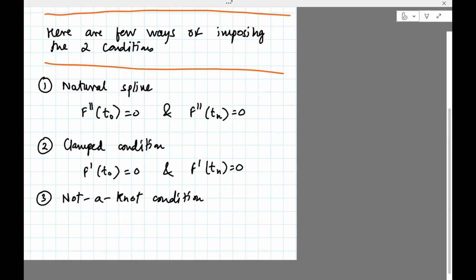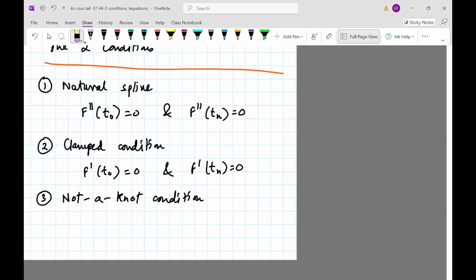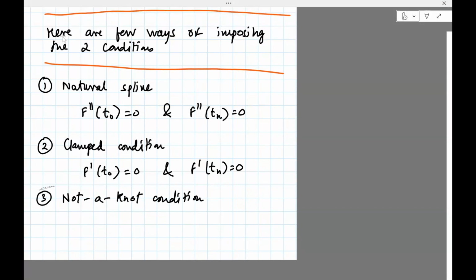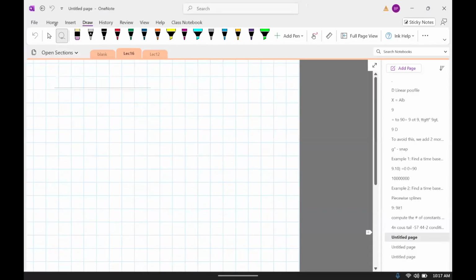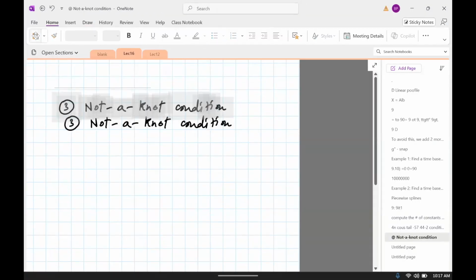It's kind of weird. It says something about the third derivative. This one is a bit odd.